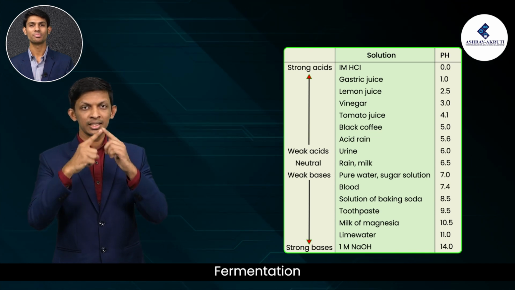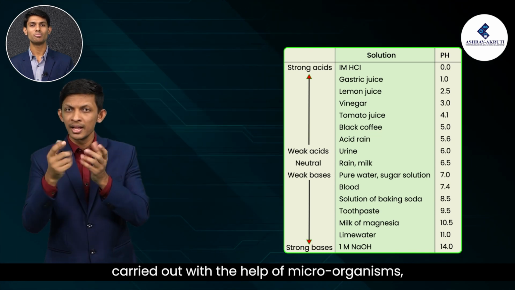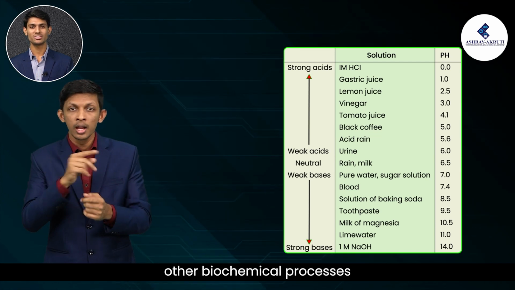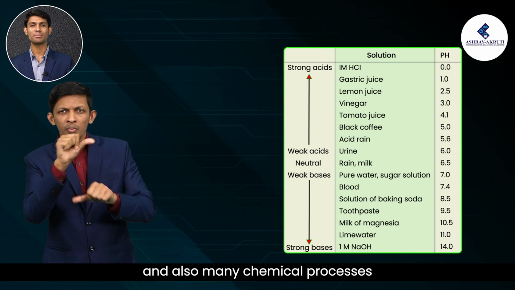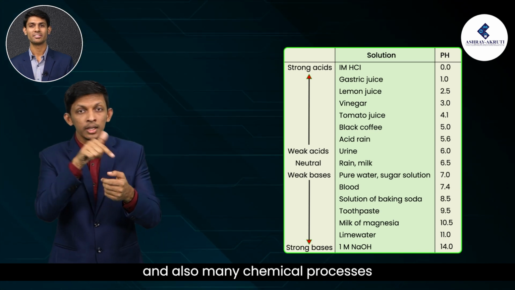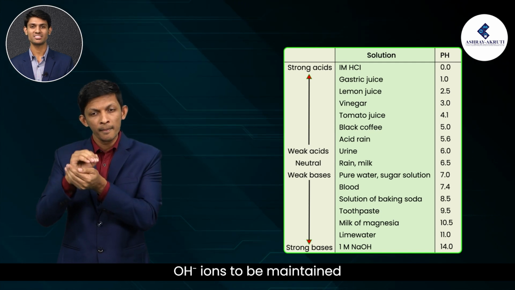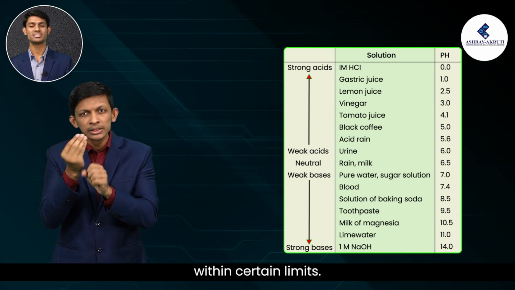Fermentation, carried out with the help of microorganisms, other biochemical processes and also many chemical processes require the proportion of H plus and OH minus ions to be maintained within certain limits.